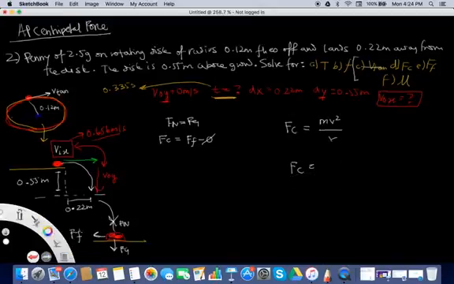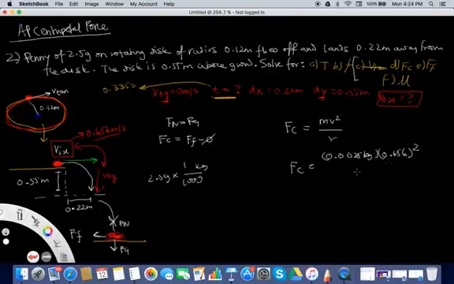If you want to see the unit analysis, 2.5 grams to kilograms: we know 1 kilogram is 1,000 grams, so it's 2.5 divided by 1,000. So our mass is going to be 0.0025 kilograms.